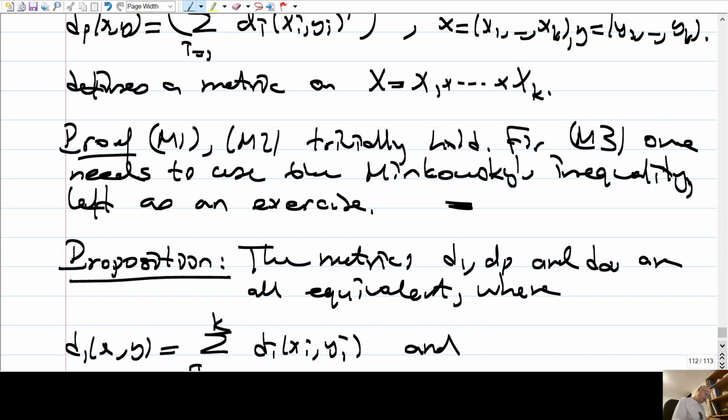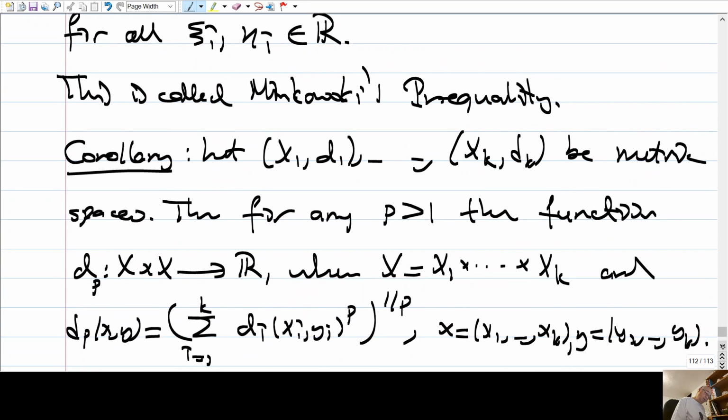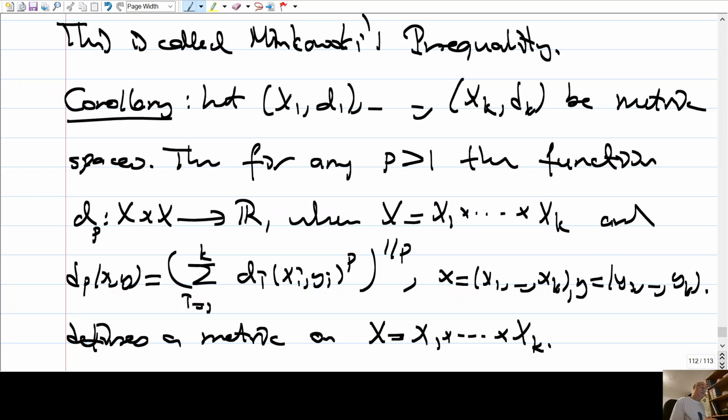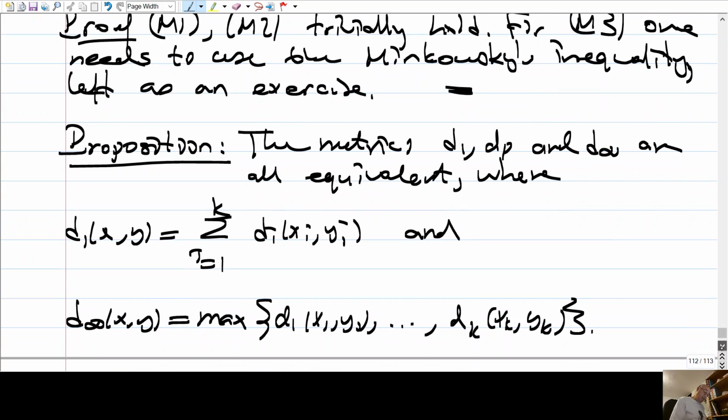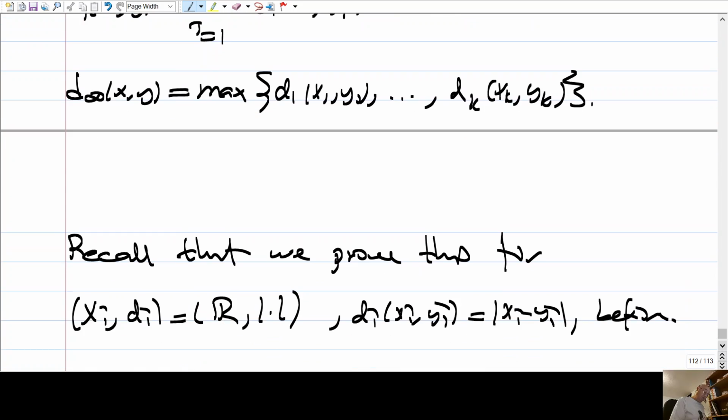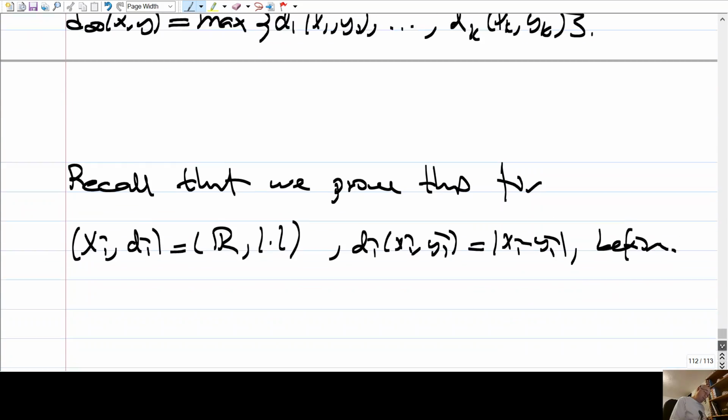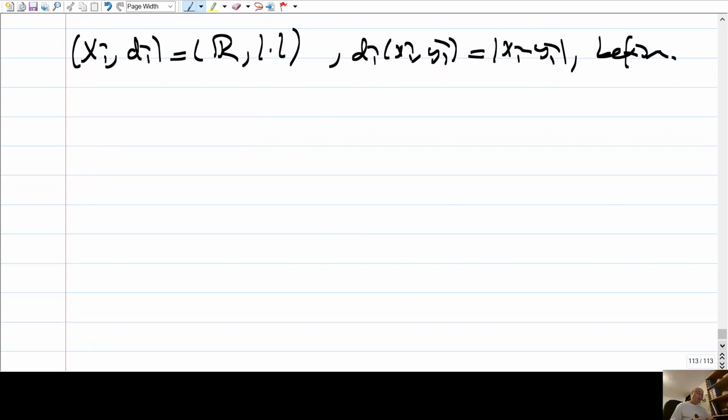We used mainly Minkowski inequality to show that these metrics satisfy the triangle inequality. And we already proved that all these metrics together with d1 and d infinity are all equivalent. We proved this some time ago.